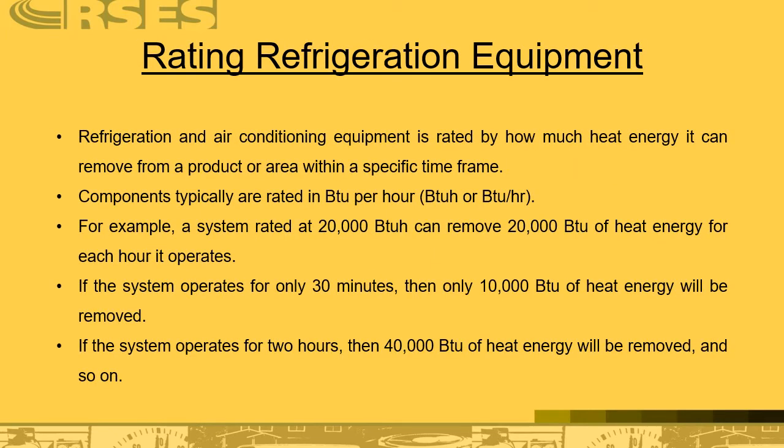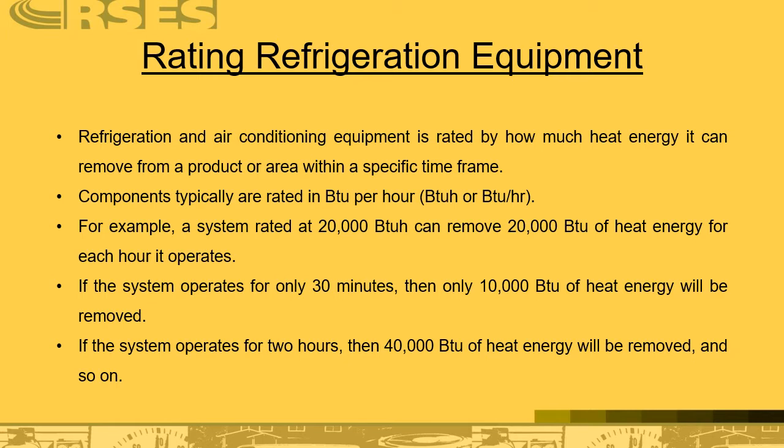Rating refrigeration equipment. Refrigeration and air conditioning equipment is rated by how much heat energy it can remove from a product or an area within a specific time. Components are typically rated in BTUs per hour, BTUH.